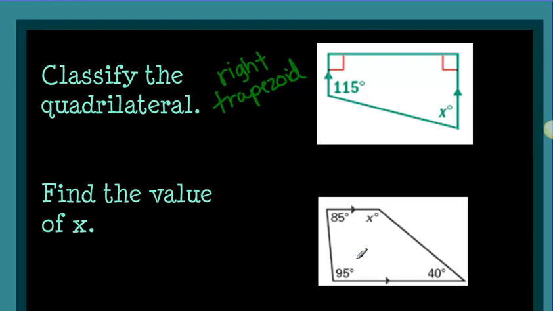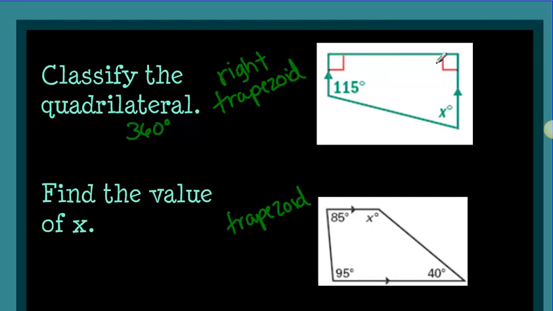This next one, let's classify this. We have exactly 1 set of parallel sides, so this is also a trapezoid. Now I can find the value of x in each of them. We know the total is 360.